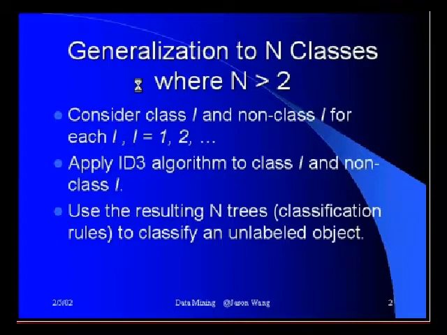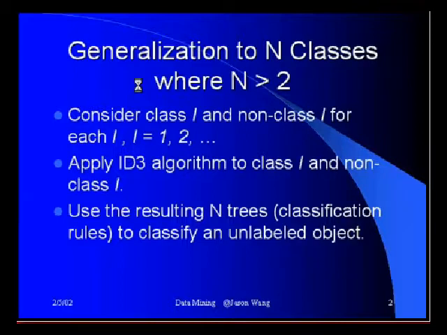And then you divide these data objects into 2 classes. For an object which belongs to class 1, you put that object in class 1. For an object that belongs to class 2 or class 3 and so on, you put that object in non-class 1.